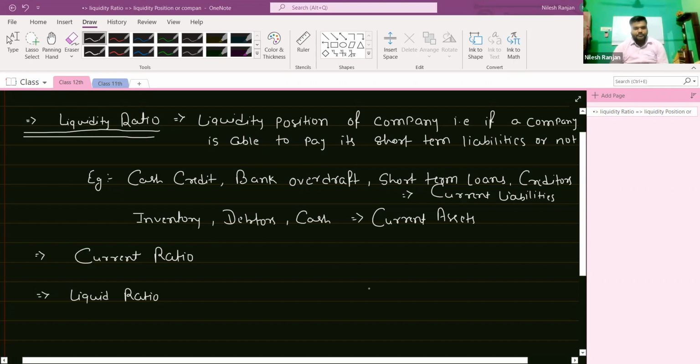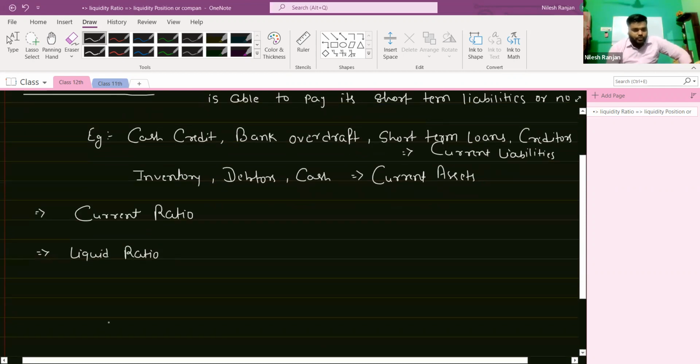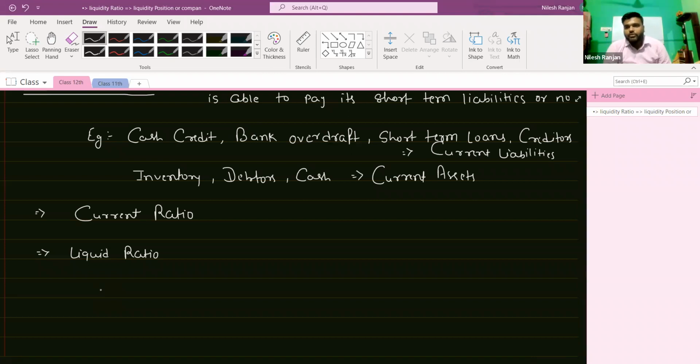So for calculation of this ratio, you also need to know the working capital concept. The formula of working capital is current assets minus current liabilities.